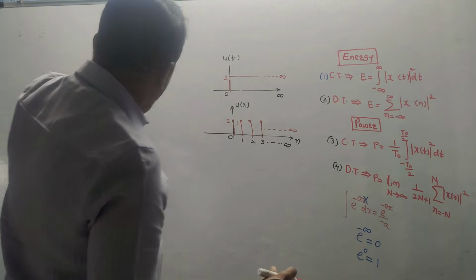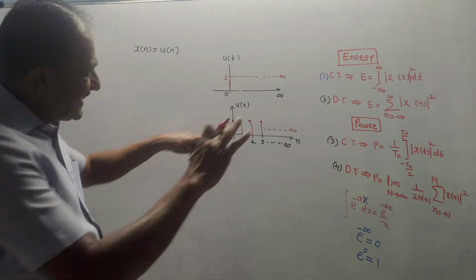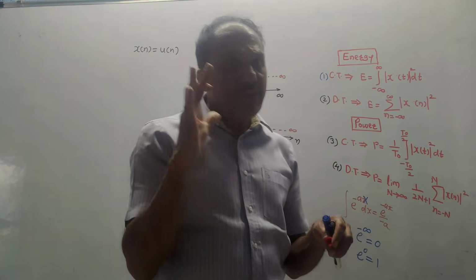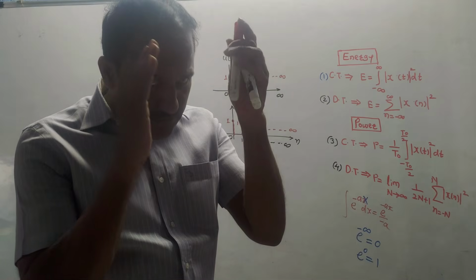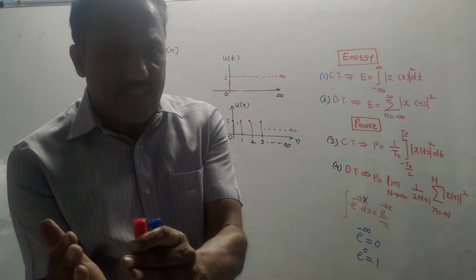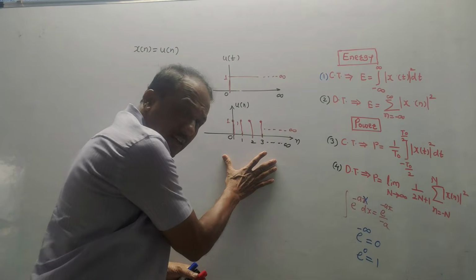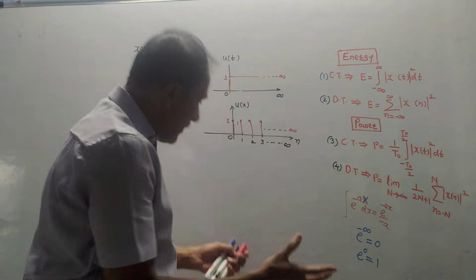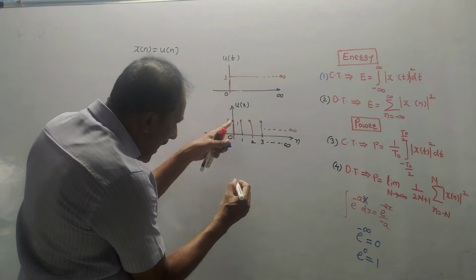Okay. Now the given question is u of n. For this diagram, we need to check whether it is an energy or power signal. Now a very important part. As I said earlier, if the signal repeats itself after some time period, it is a periodic signal. Is this signal a periodic signal? How to judge it? Make the thing simple. Consider that at 0, I have one pulse.